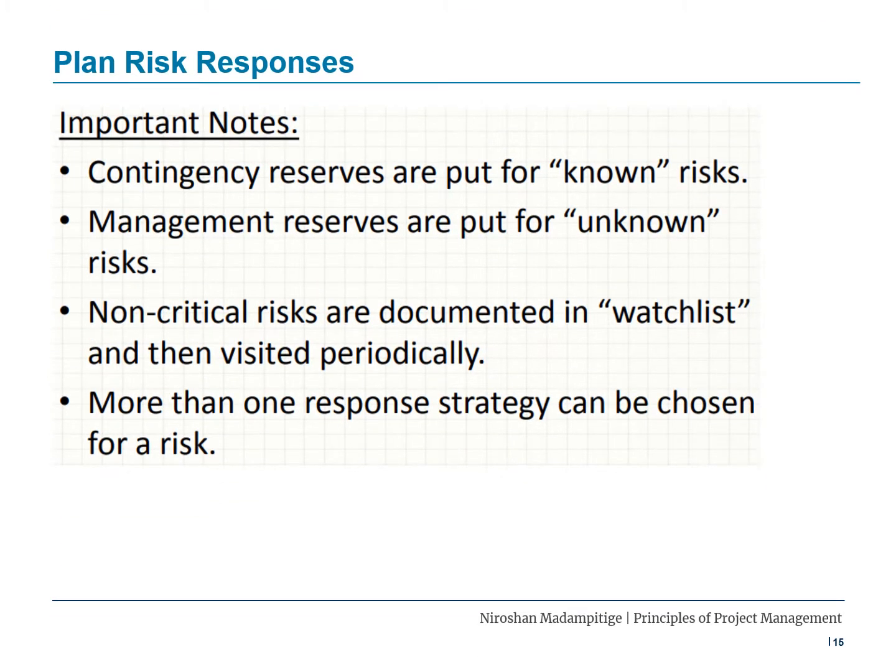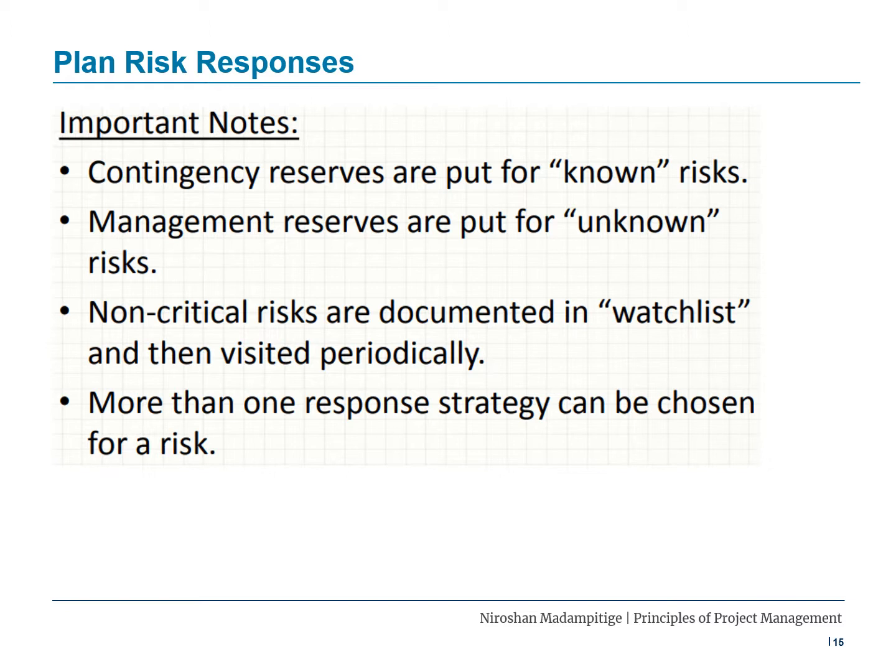Important notes. These are some of the things that you need to remember in terms of the plan risk responses process. Contingency reserves are put for known risks. So if you have a set of known risks, you allocate contingency reserves, knowing that this may occur. If they occur, this is the contingency to use.